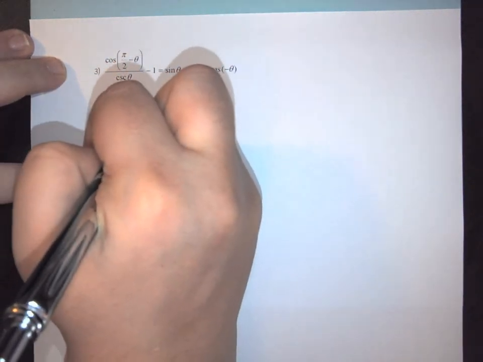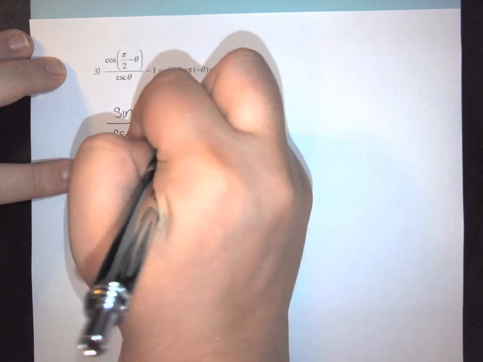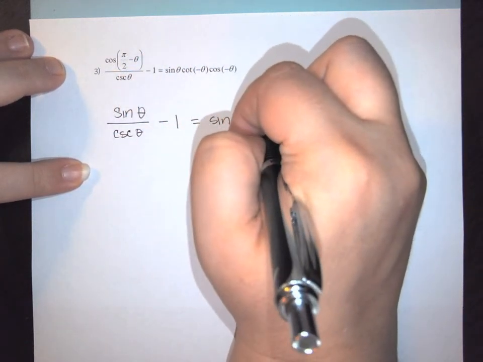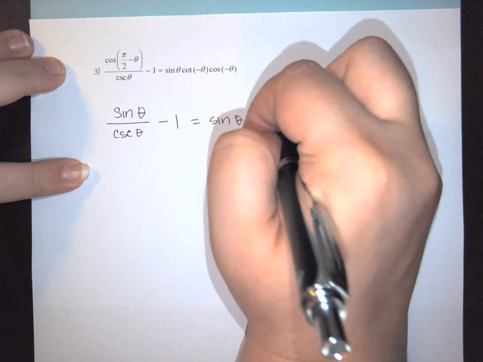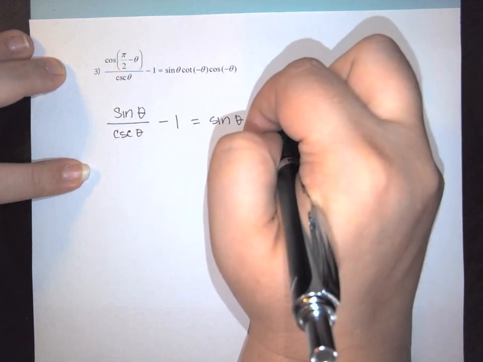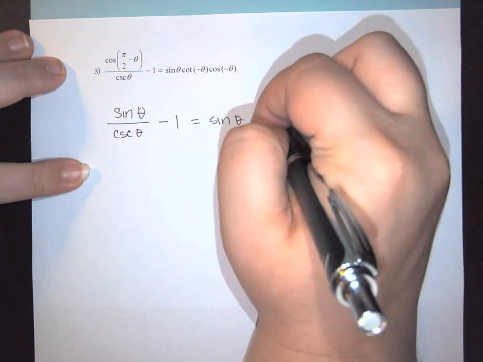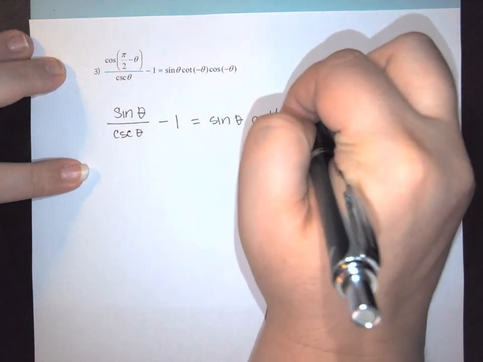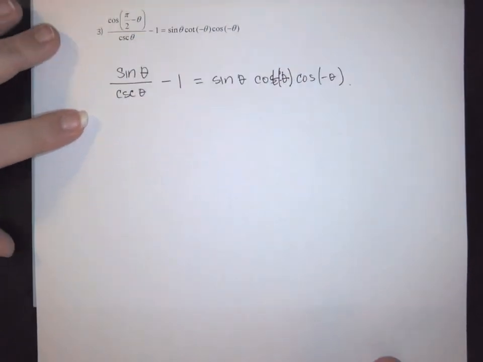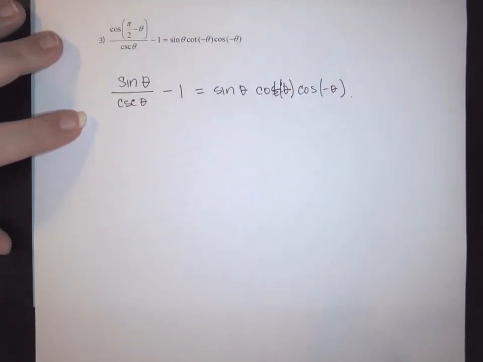over my cosecant of theta minus 1 equals your sine times your cotangent of the negative theta and then cosine of the negative theta. Okay. So we have to be able to continue to manipulate.